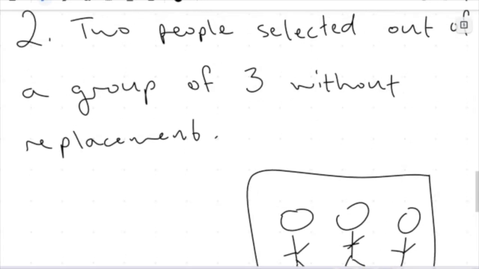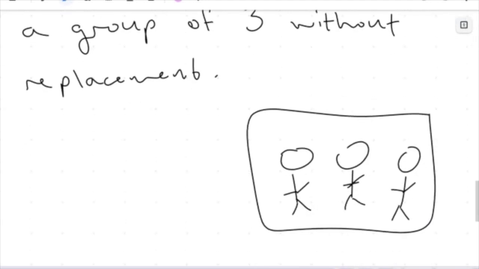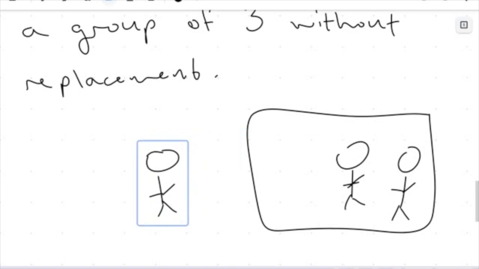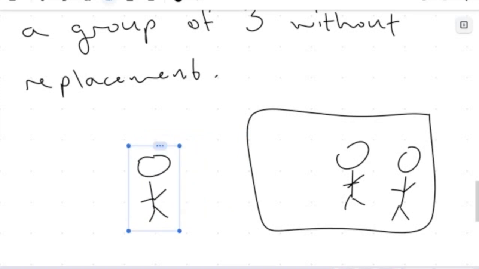What without replacement means is that when we select one of these people, they get pulled out of the pool of outcomes we can have. So if we take this person out, when my second event comes along, we only have these two people to choose from. We're not factoring in this third person.